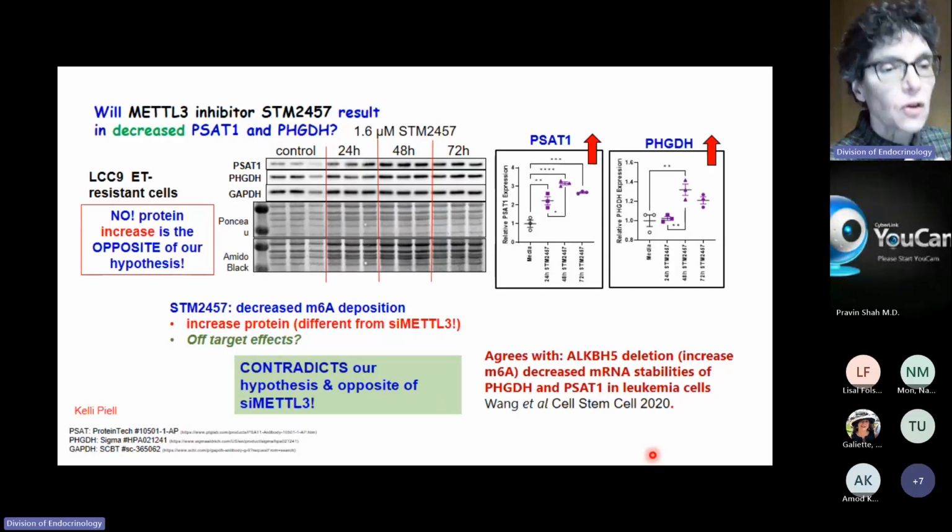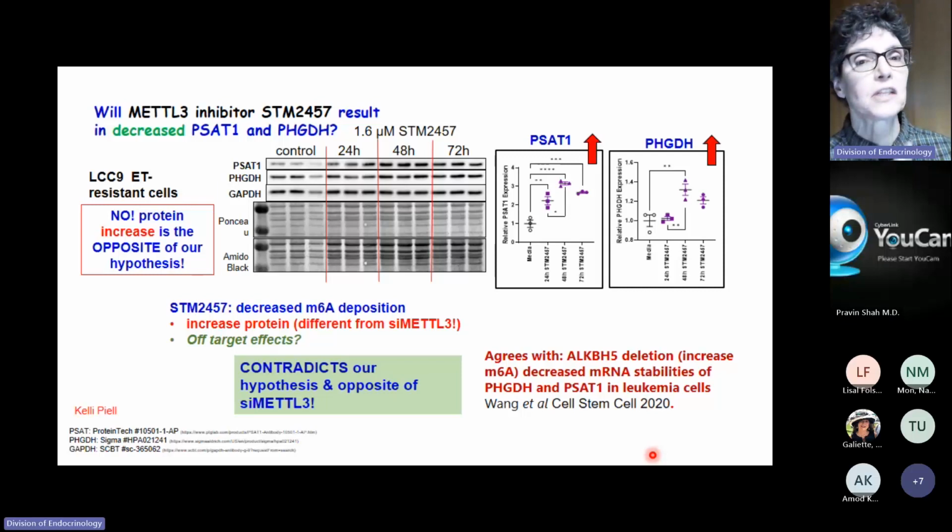So I really don't know what's going on. So I'm sharing with you data that I can't explain yet. Is it off-target effects? And which are the off-target effects? Is it STM2457 that has off-target effects that are increasing PHGDH and PSAT1? Or is it the SI-metal-3 that is having some off-target effects such that I'm seeing a decrease in PSAT1 and PHGDH?